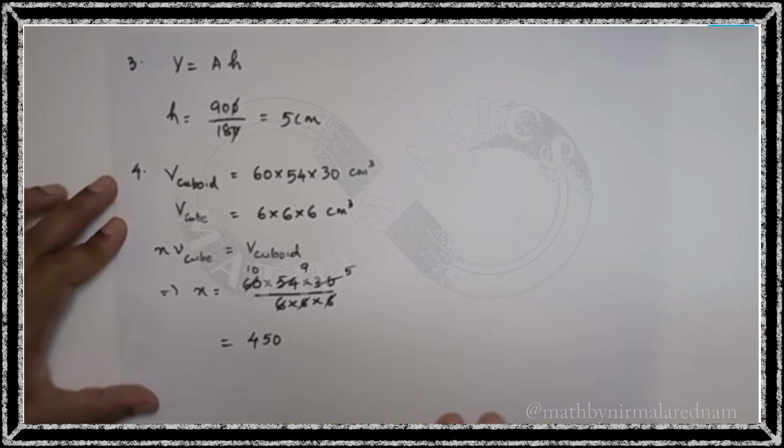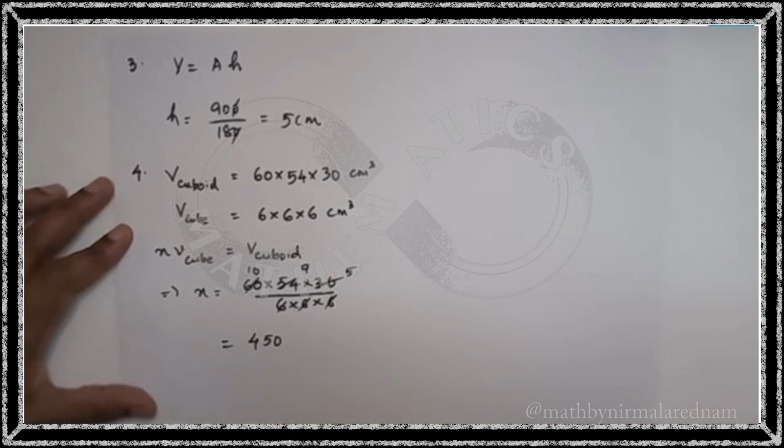That's one interesting point to note, but you won't have to bother about that from the exam point of view, because they have made sure that they have given very convenient numbers.